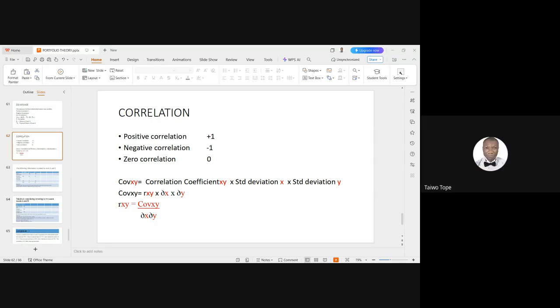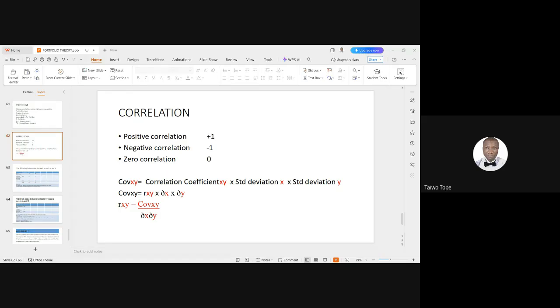Fine. You've gotten it. So based on this formula, you can make correlation coefficient the subject of the formula. Why? Because when we move further and I present the portfolio risk formula, in some questions there is a part of the formula whereby you can either use covariance or correlation coefficient. So the examiner can give you either of the two.